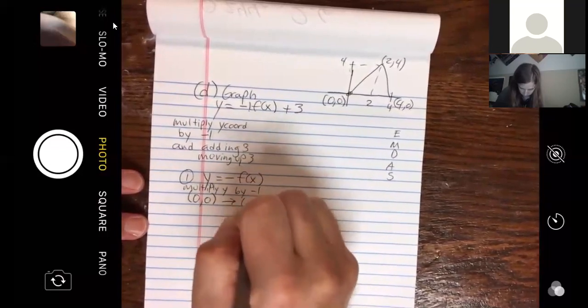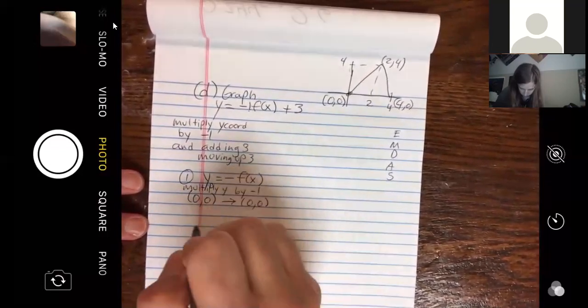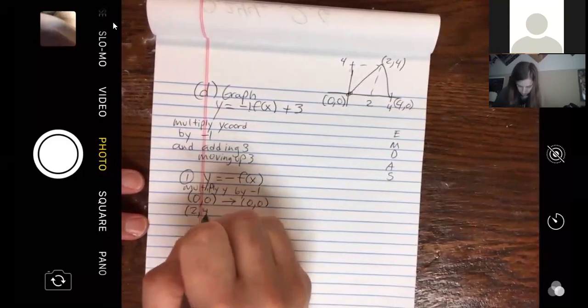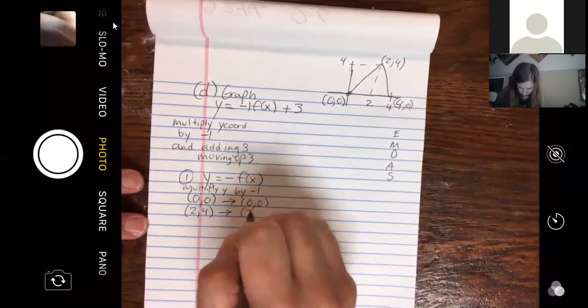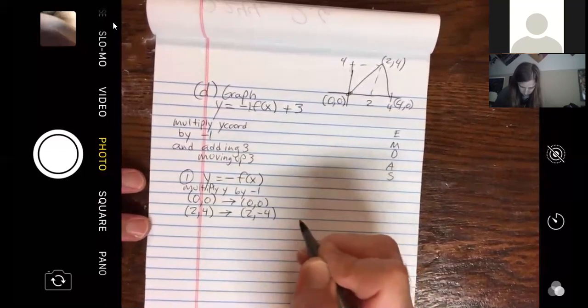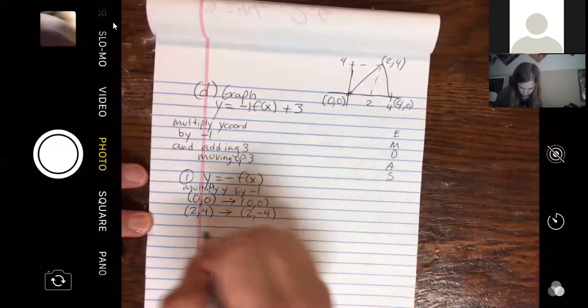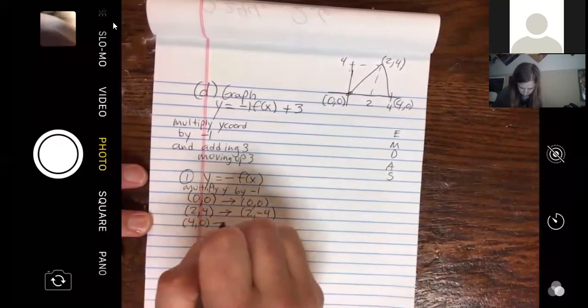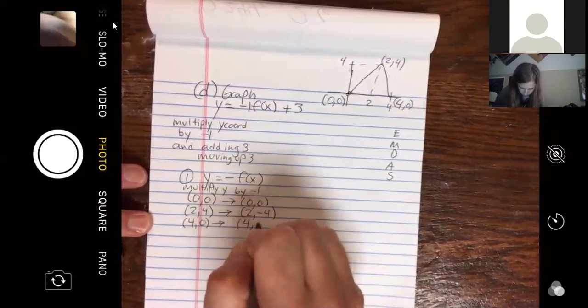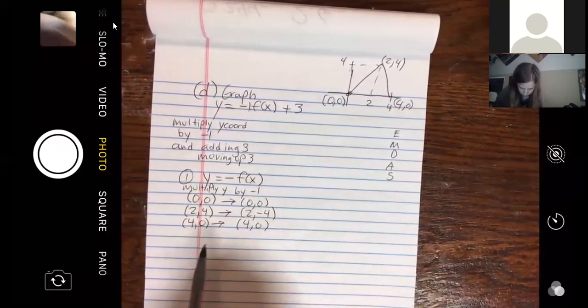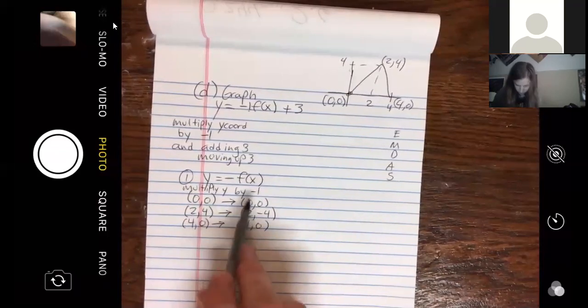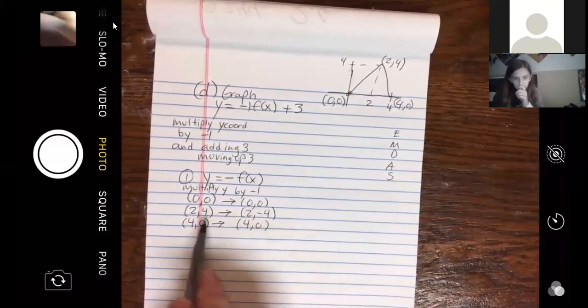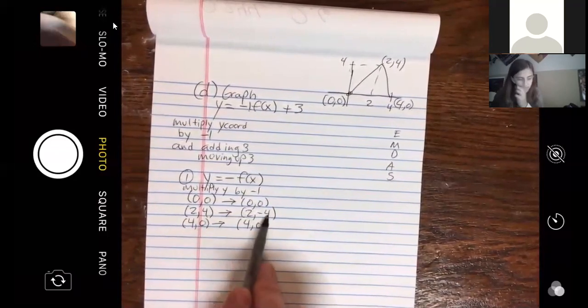So 0, 0 doesn't change. 2, 4 goes to 2, negative 4. And 4, 0 doesn't change. Multiplying those 0 y's by negative 1 doesn't change them. But your 4 here times negative 1 becomes negative 4.